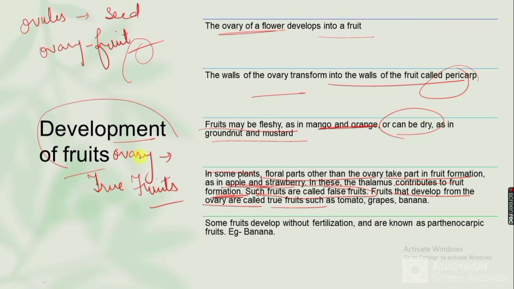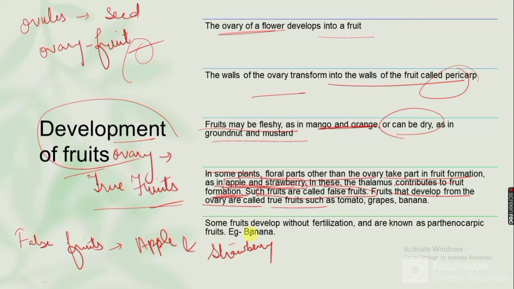But if fruits are developed without the ovary, they are known as false fruits. Examples of false fruits are apple and strawberry. And examples of true fruits are tomato and grapes.